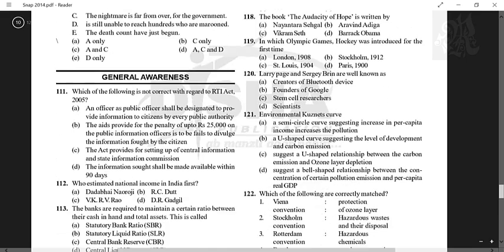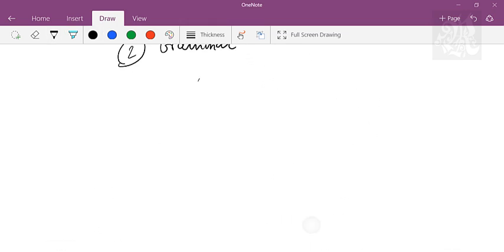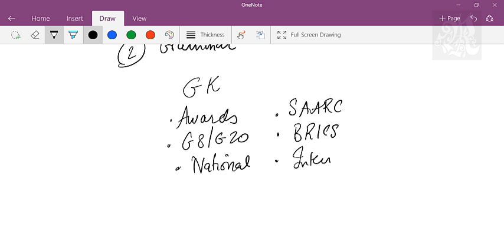When I talk about GK, you will have to deal with awards. So in GK, you'll have awards, G8, G20, summits, all those, SAARC. Talk about BRICS. Talk about national games, national winners this year. Talk about international winners this year.